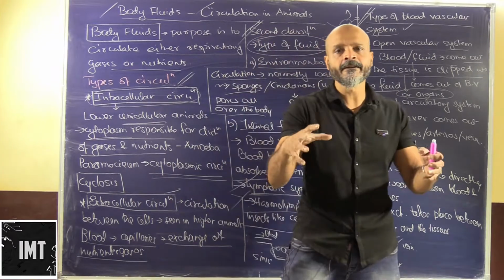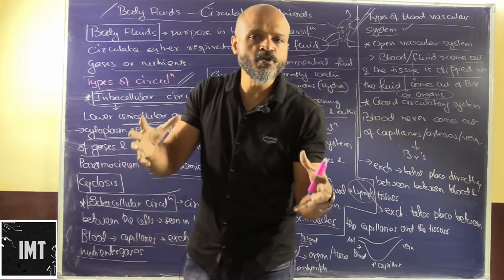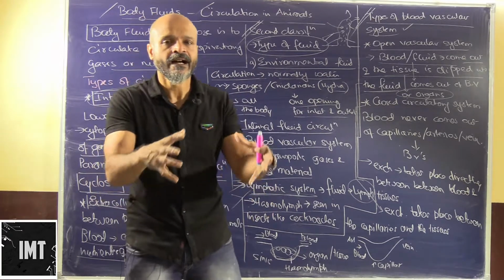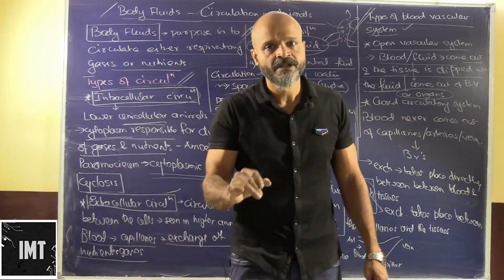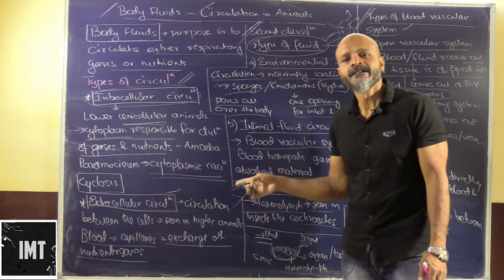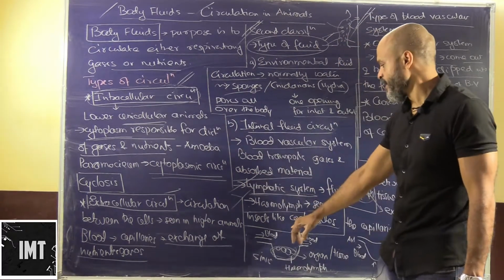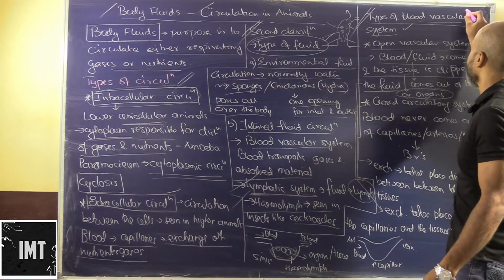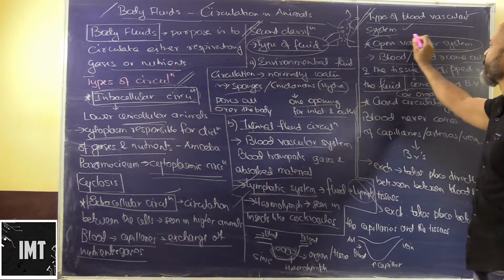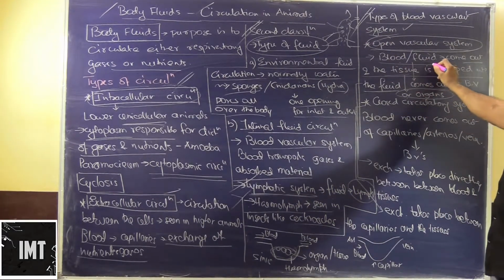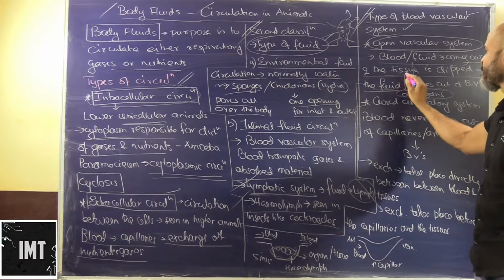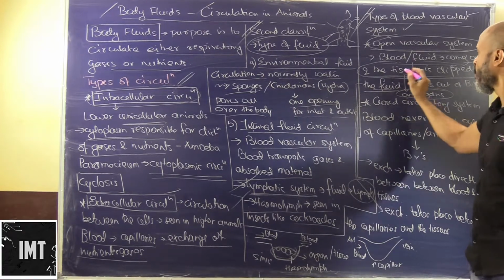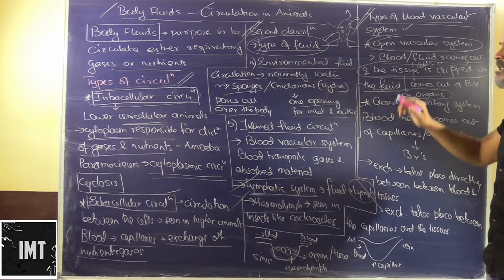So here it's like the tissues and organs or cells are taking a dip or bath in the blood. So there is direct exchange between the blood and the organs or tissues. So in this case, the blood vascular system is called open vascular system. Here the blood or the fluid comes out of the tissue, and the tissue or the cells or the organs are dipped into the fluid.